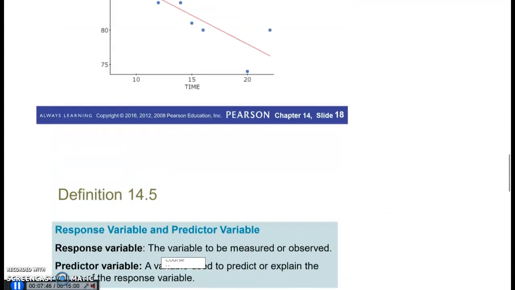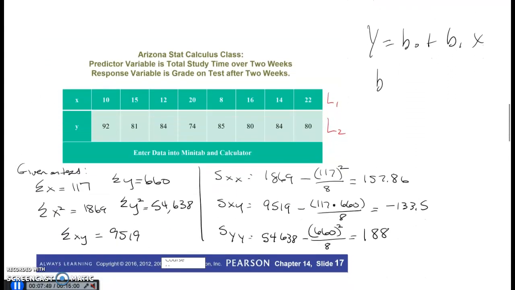So the slope is S of xy, the negative 133.5, divided by S of xx, 157.86, and you should get a slope of negative 0.846. Let's just round to 3 decimal places.